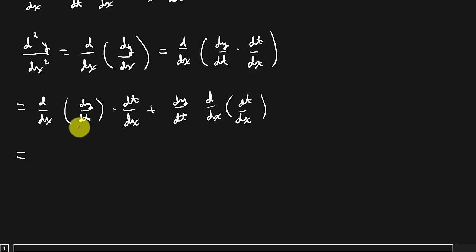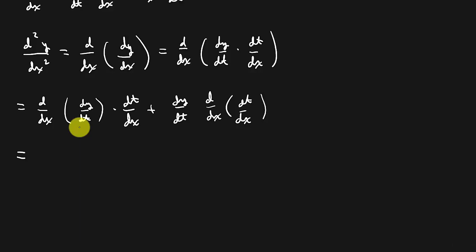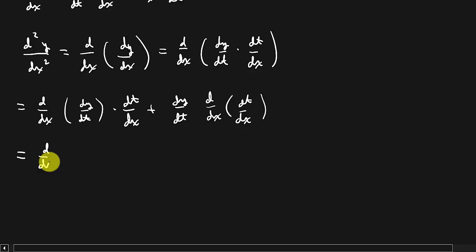What we're going to do here is rewrite this just a little bit. I'm going to write this as d/dt of dy/dt times dt/dx. I put the dt under here and the dx under there, plus dy/dt times d/dx of dt/dx, which is d/dx of 1 over x.